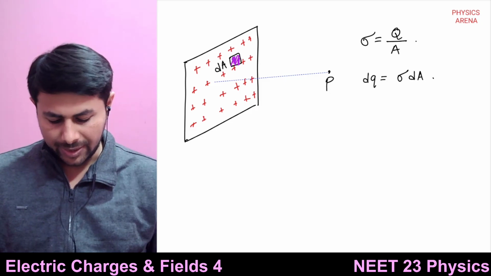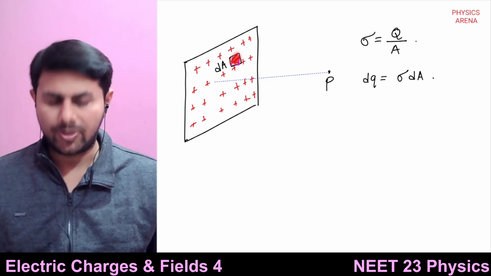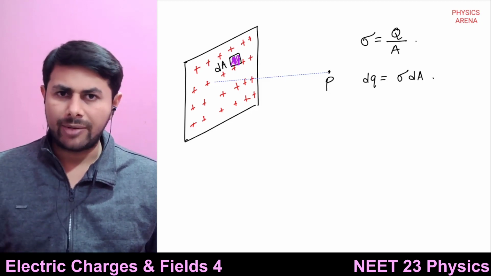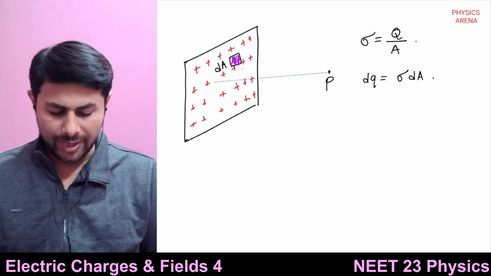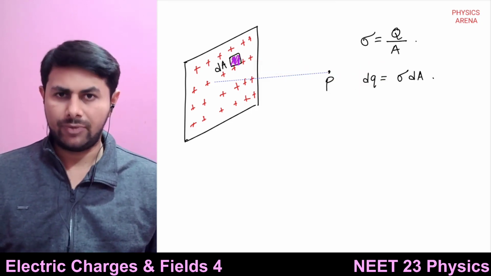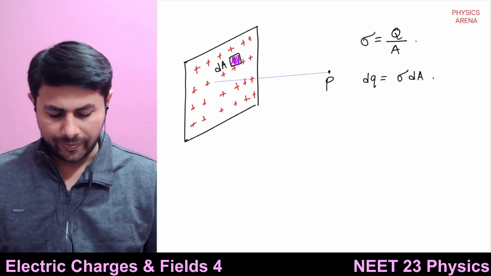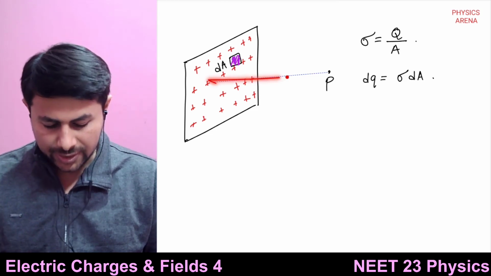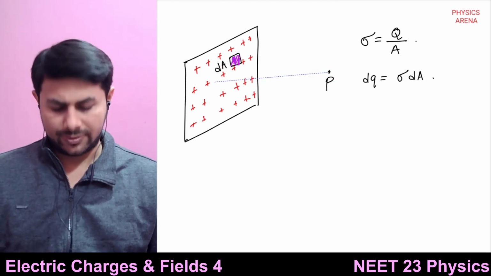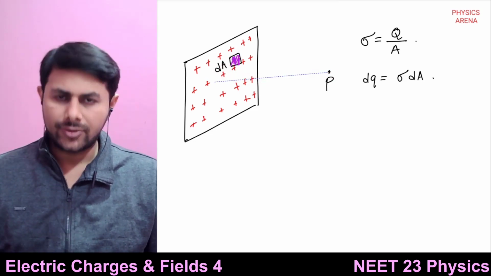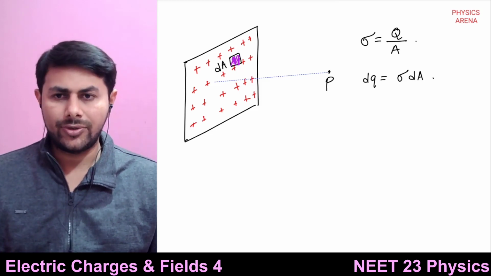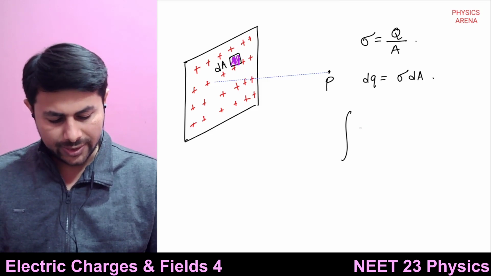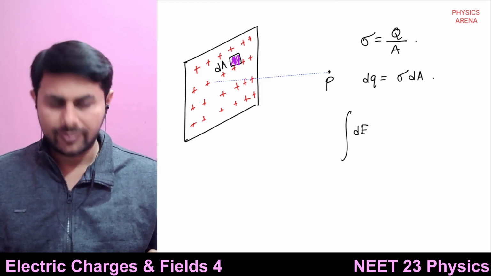And then we can find out electric field due to this small section, which will be equal to 1 upon 4 pi epsilon naught dq divided by r square that we'll have to find out. That r square would be this distance square plus this distance square, right? So then we'll have to integrate all that. So we'll have to integrate this electric field dE.